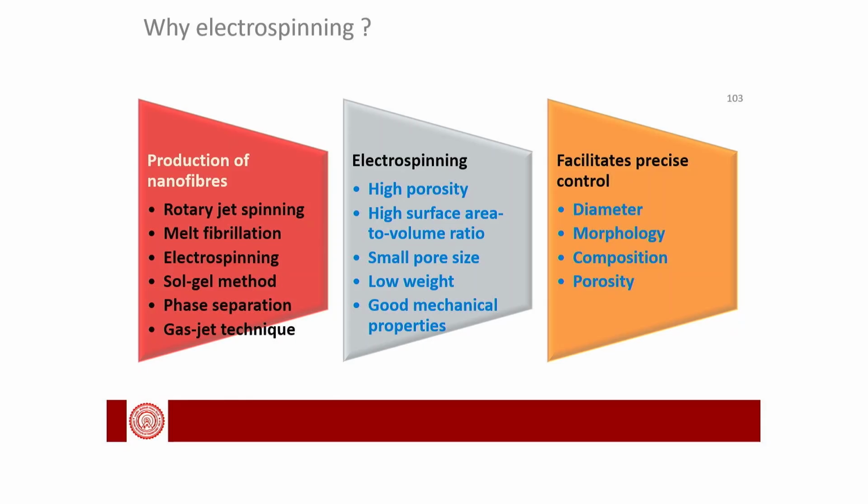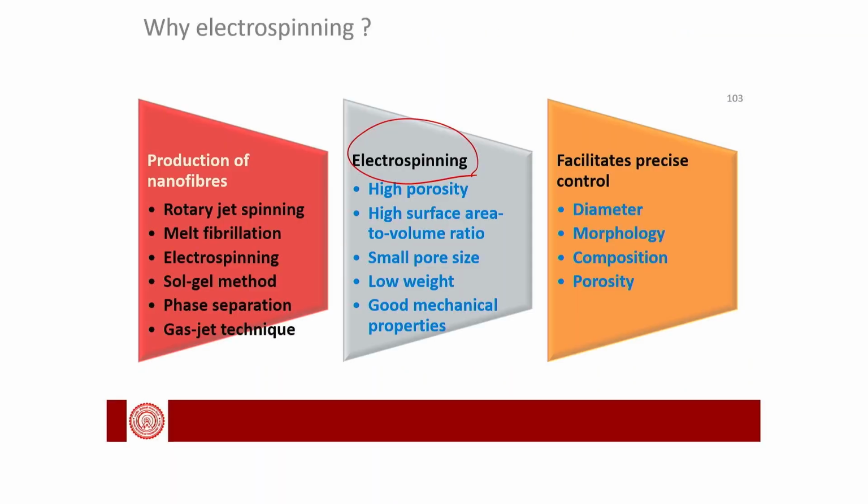So, what are the advantages of electrospinning? In the last section we discussed these advantages: high porosity, high surface area to volume ratio, and small pore size, so we can restrict the smaller particles.